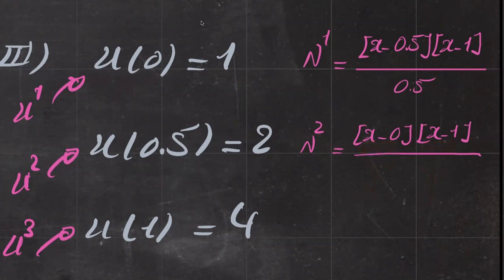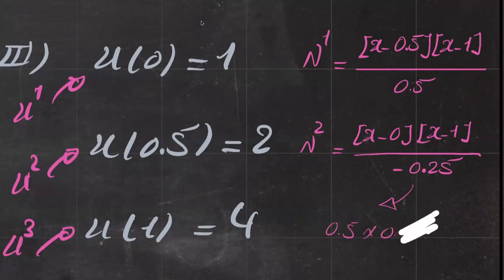So that gives you minus 1 over 4. That means you need to divide this by minus 0.25, which is like a 4 in the denominator. So okay, here you have 0.25, which is 0.5 times 0.5. All right. So that's that.